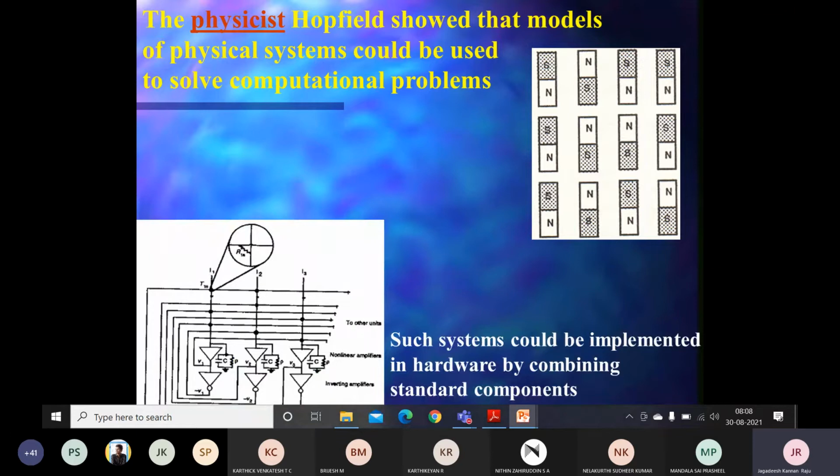Whenever Hopfield says that models of physical systems could solve computational problems, how are such physical systems constructed or implemented? Such physical systems could be implemented via hardware by combining standard components.